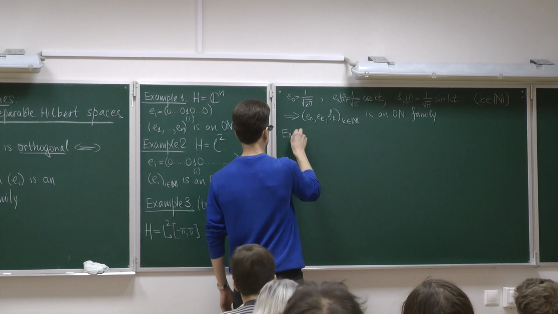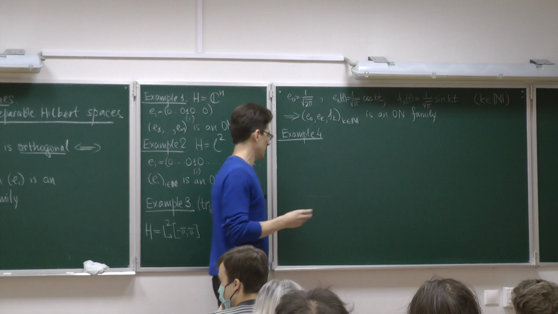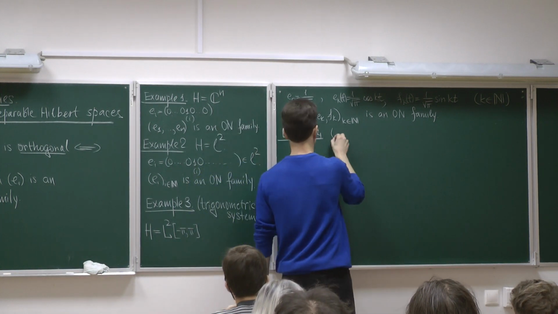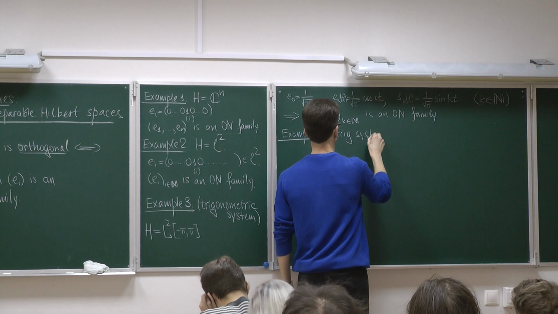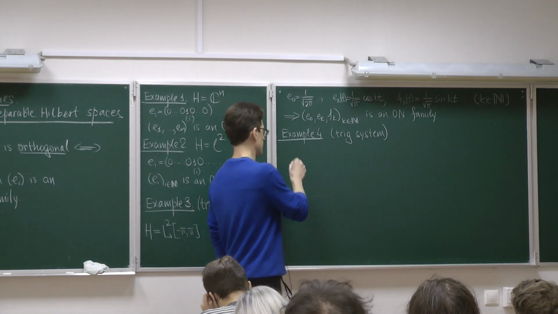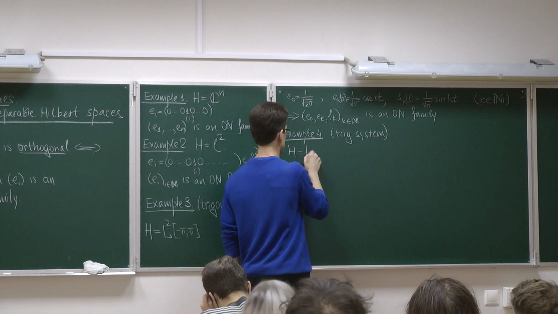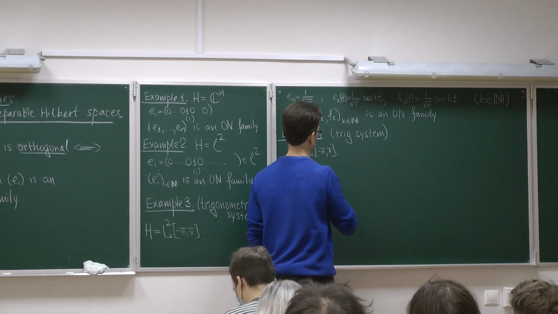Example 4. Again, the trigonometric system, but now in a slightly different form. So again, H is the big L2 space on the same interval from minus pi to pi.